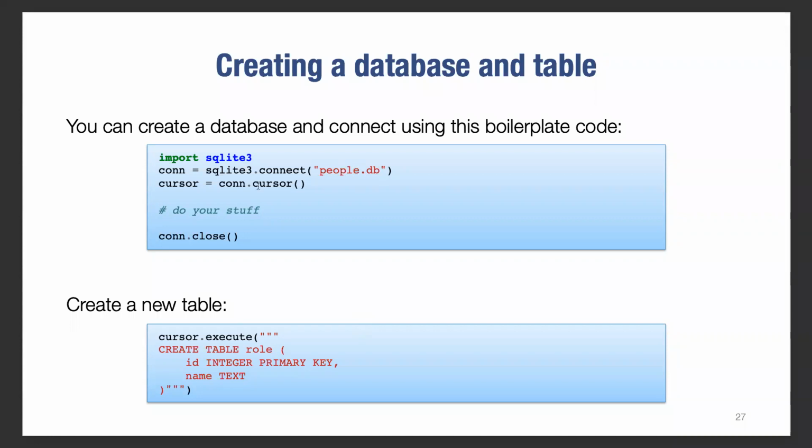Then your cursor is created, and you can start using the connection object to run commands. You use con.close to close your connection, and cursor.execute to execute commands.